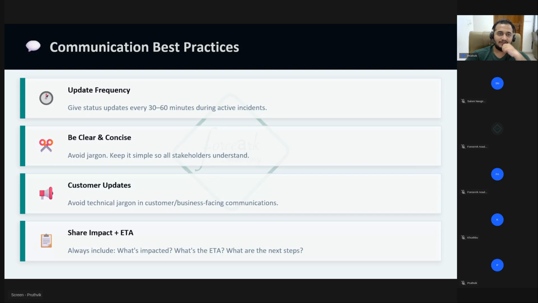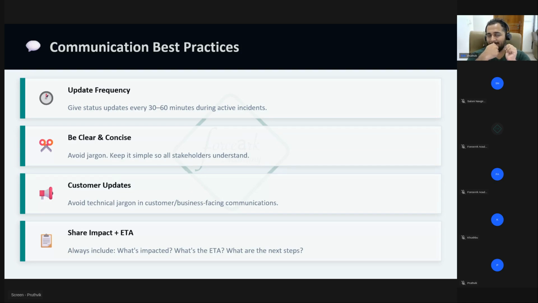So even if there's no fix yet, you need to say that at least we are investigating, and the next update will come in the next 30 minutes. Then after 30 minutes, you drill down on what you have done, tell them what you've done and that you're trying to fix something else. You have to be very clear and concise about what you're trying to do.